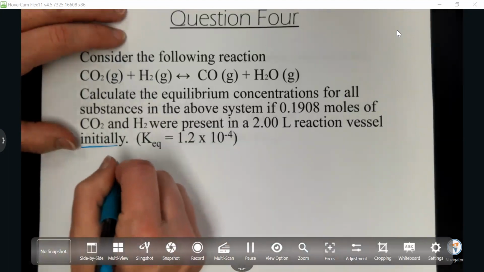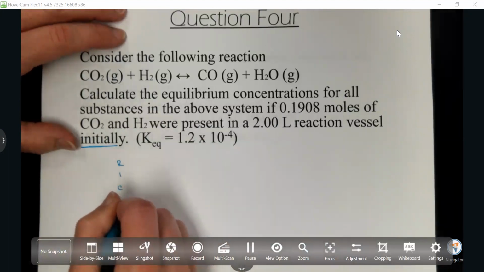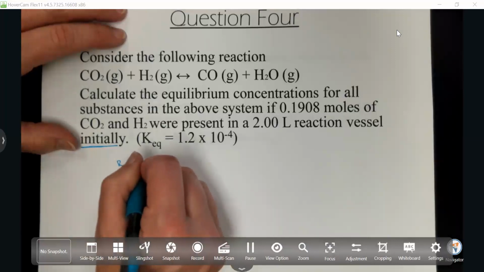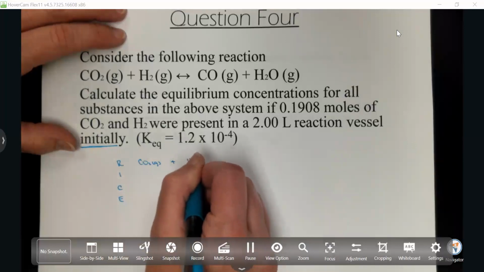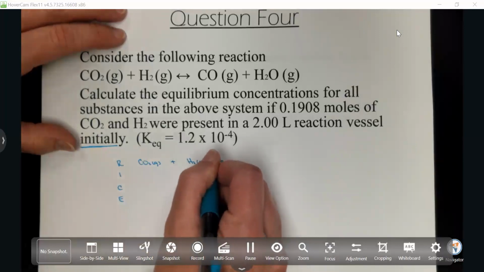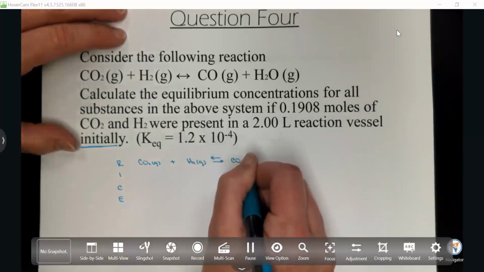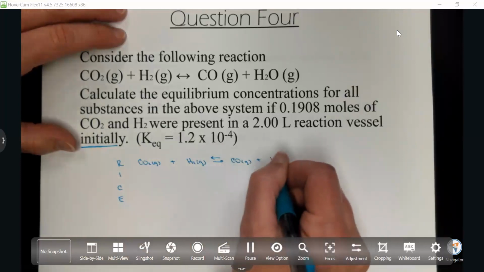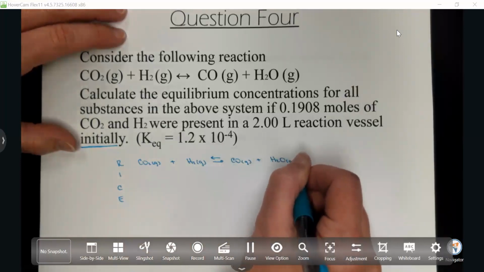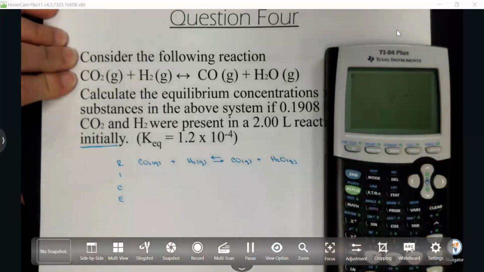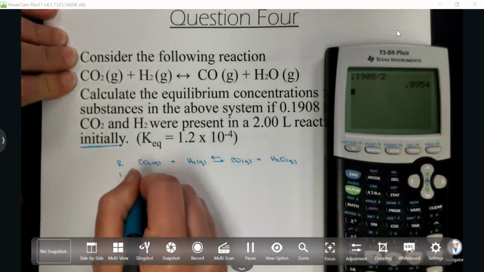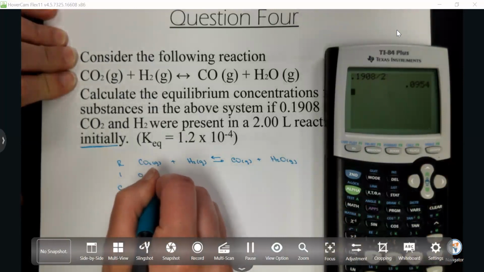So we start with our balanced reaction, which it already gives us, CO2 plus H2 yielding carbon monoxide and water vapor. So we have to get our concentrations, 0.1908 divided by 2, because we have to have moles over liters for our concentration, our initial amounts here.